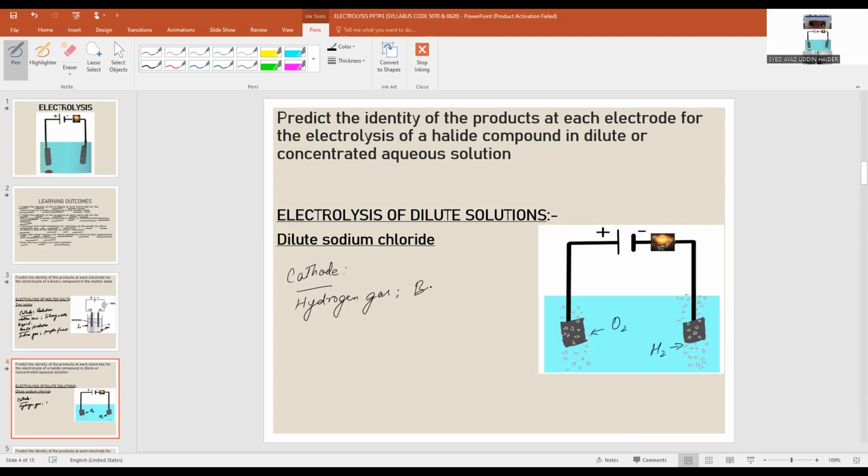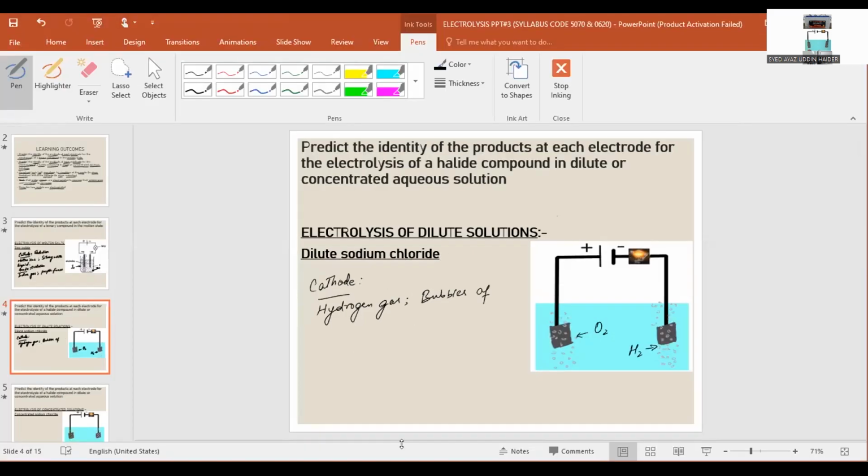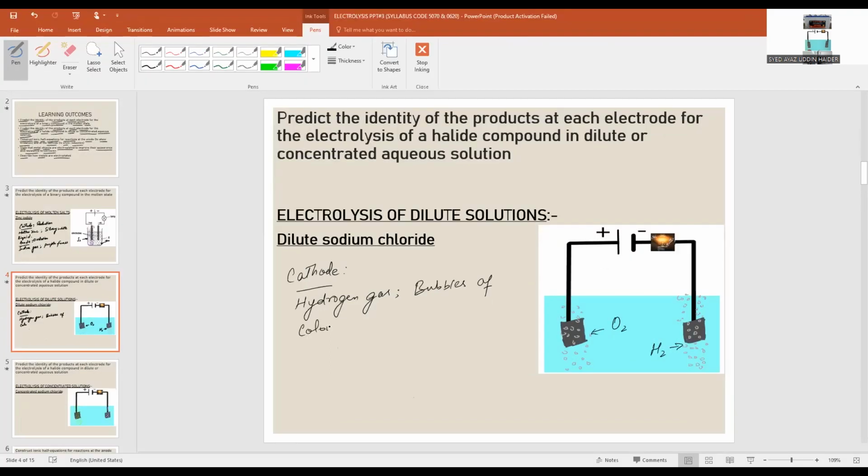We have bubbles of colorless and explosive gas. Anode, oxygen gas, bubbles of colorless gas.